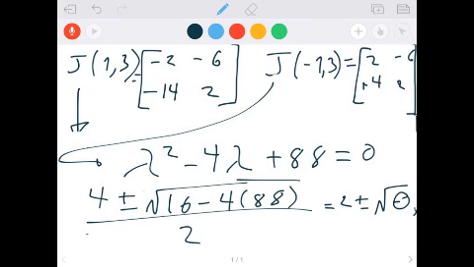The real part is positive, so that means it's going to spiral out from this point. So this is going to be a source that spirals out. A source meaning that the equilibrium point is the source of this solution, and then it'll spiral out from there. So a source and spiral.